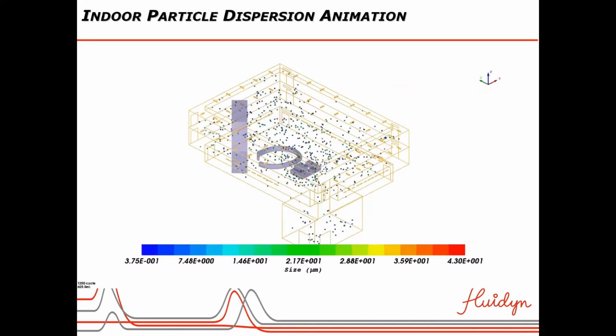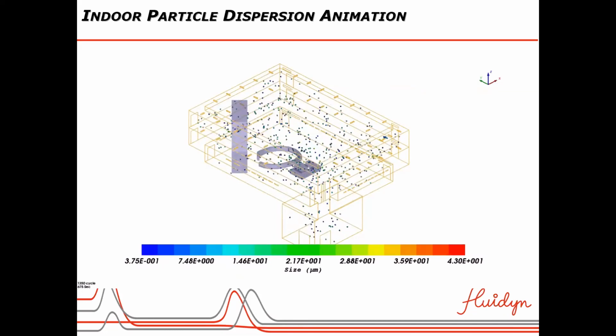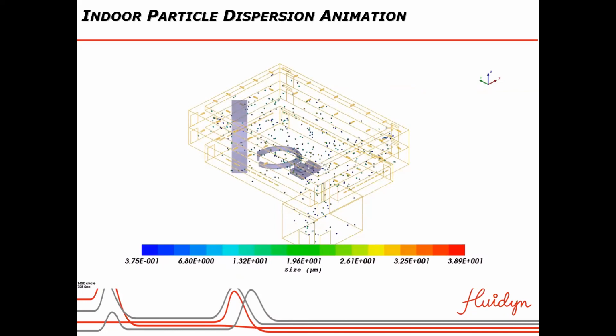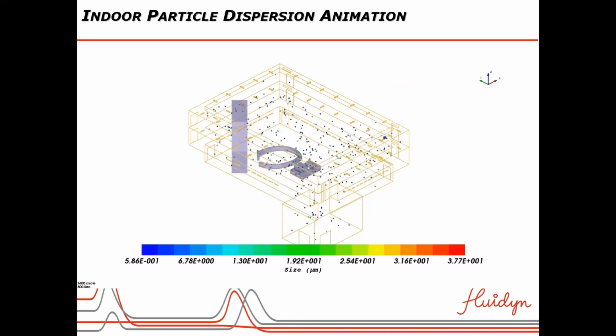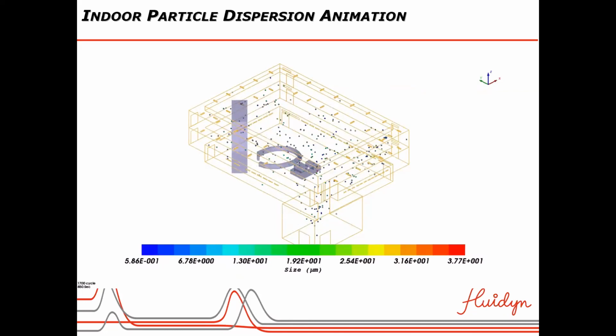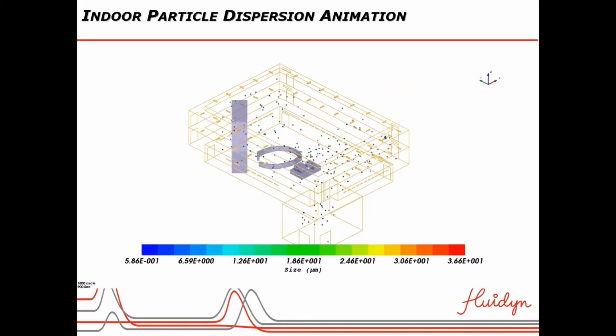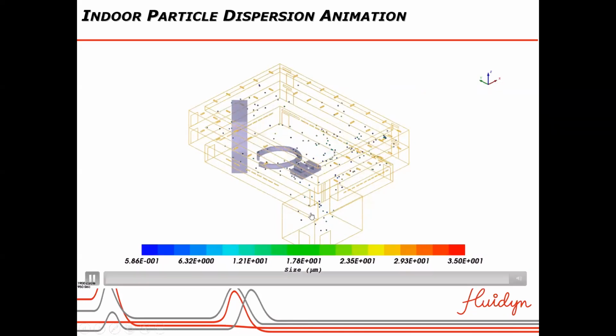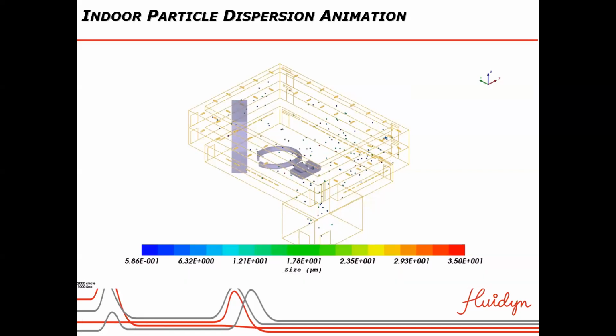Based upon wall attachment conditions or other phenomena, some particles may escape through doors. Basically, here we can see some particles coming out. Based upon the ventilation directions, this will be transferred.